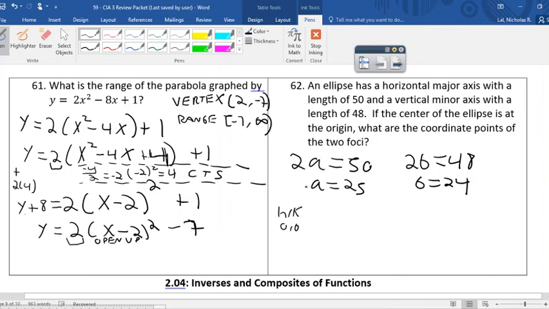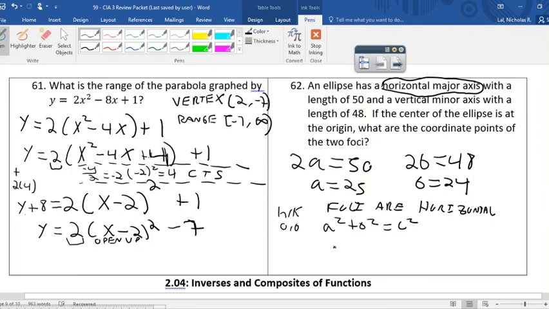So we know that we have a horizontal major axis. So that means that our foci are going to be horizontal. We know that a squared plus b squared equals c squared.